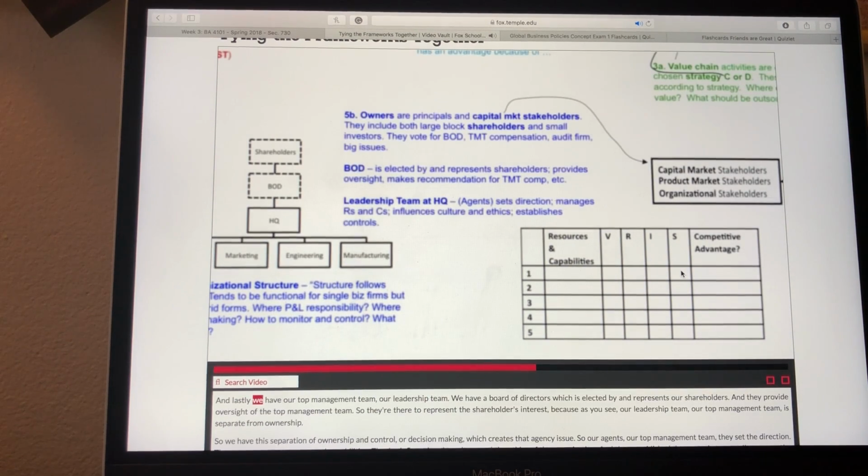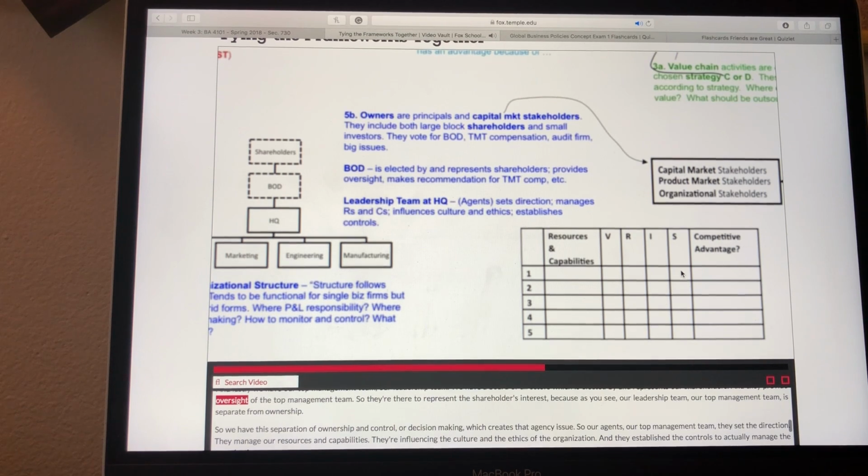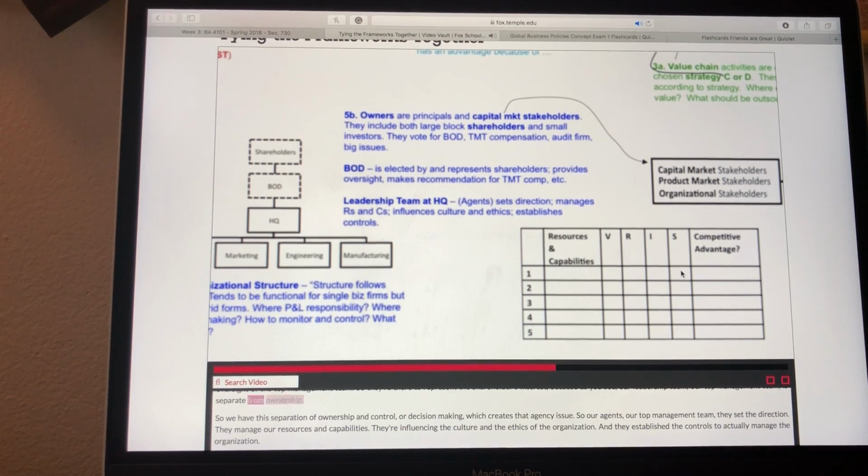And lastly, we have our top management team, our leadership team. We have a board of directors elected by and representing our shareholders, and they provide oversight of the top management team. They are there to represent the shareholders' interest, because as you see, our leadership team is separate from ownership, right?